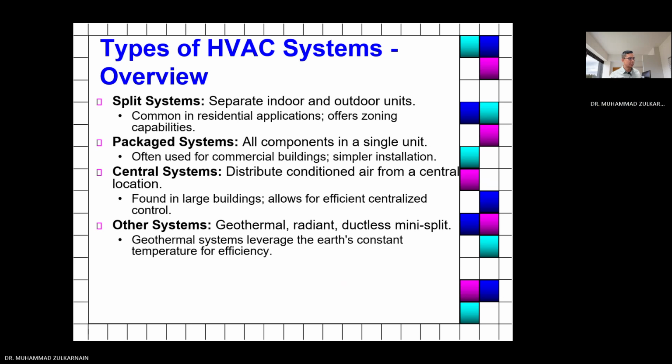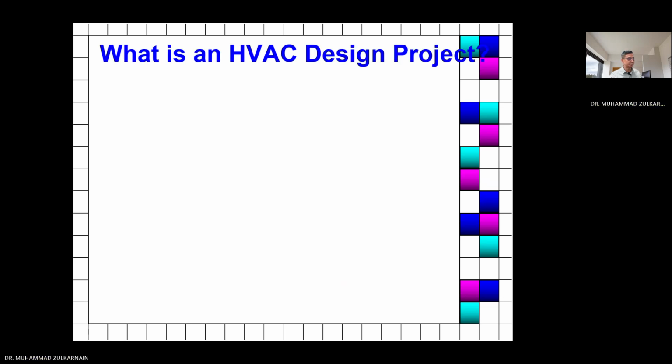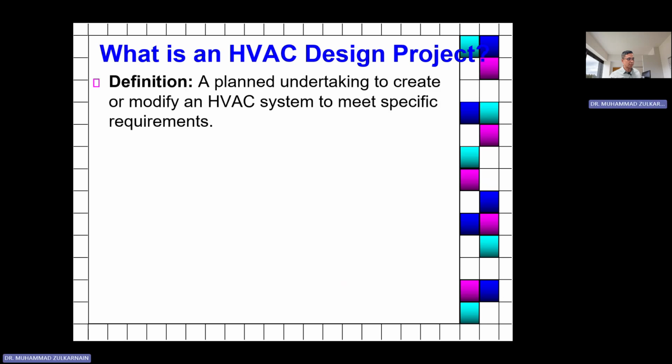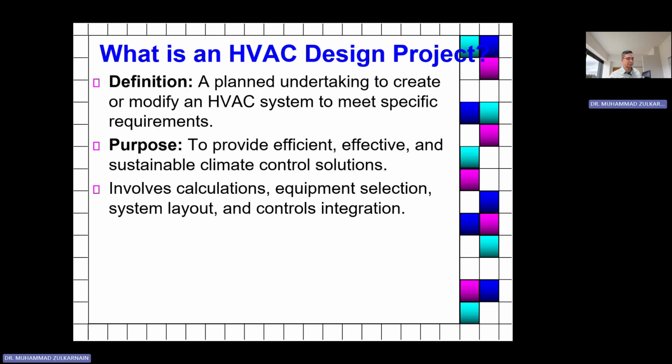And then other systems: geothermal, radiant, ductless, mini split. This one is a special case when we utilize geothermal, meaning only certain areas have geothermal. Okay, we move to the next slide.